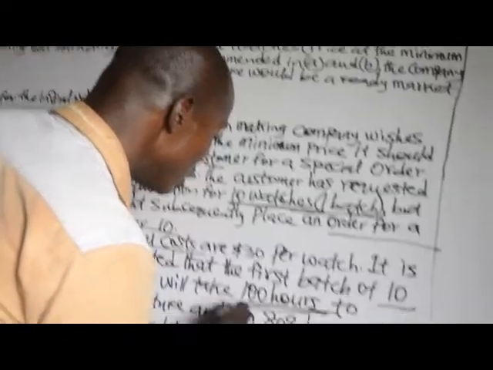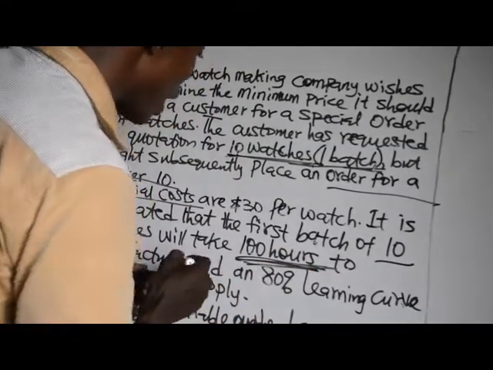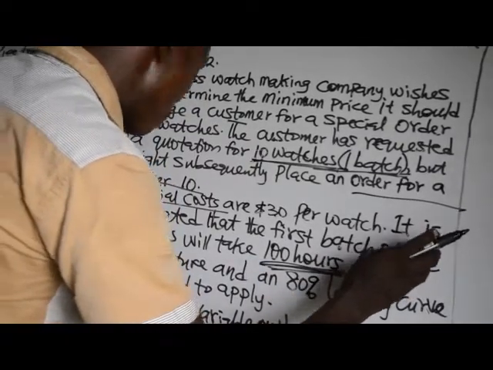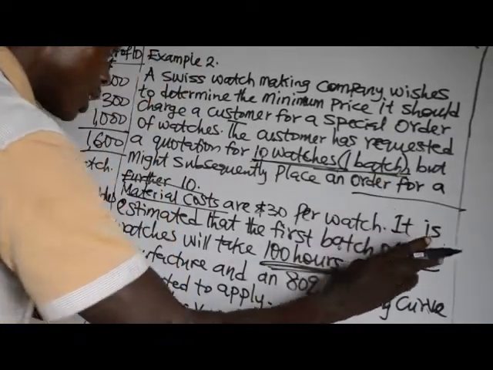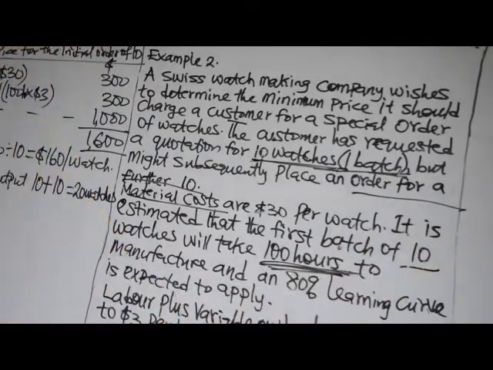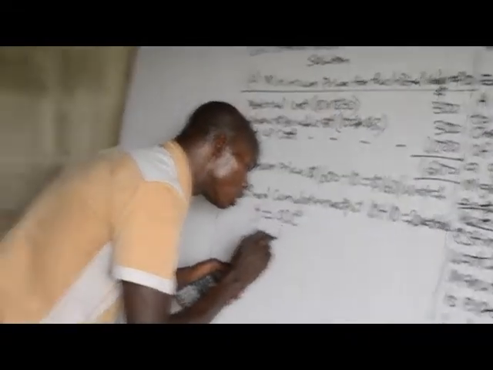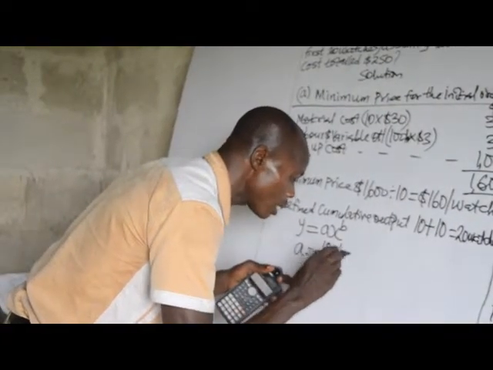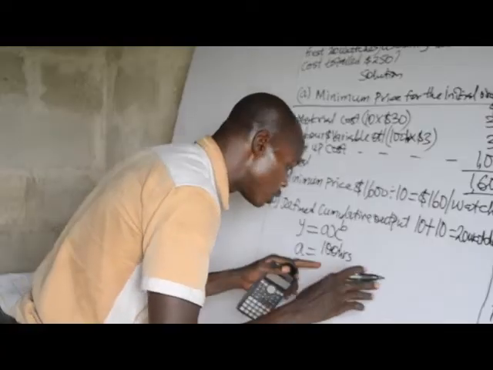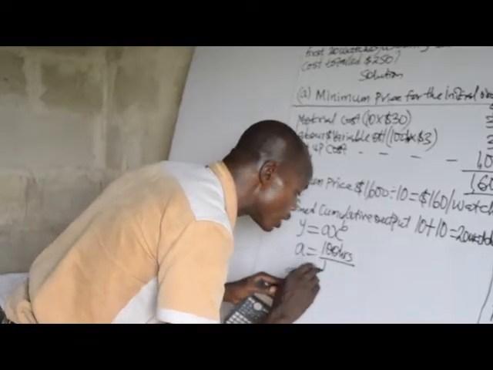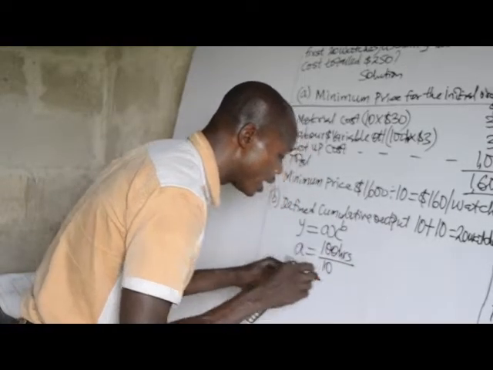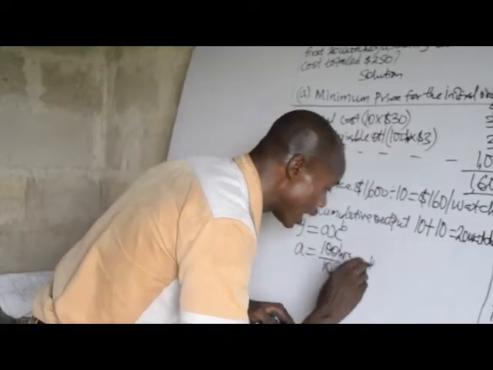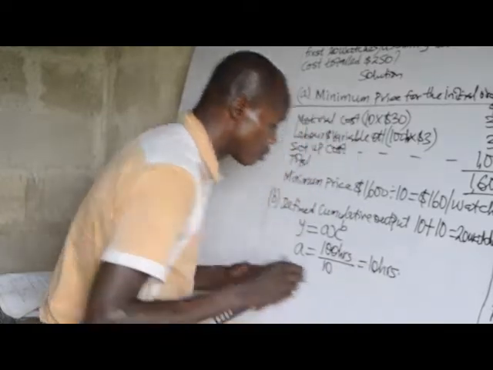This is the total time required to produce those 10 units, which is one batch, the first batch of 10. Now, that means A, since 10 washes take 100 hours. Therefore, one wash from the first batch of 10 will take 100 hours divided by 10, and that will give us 10 hours.